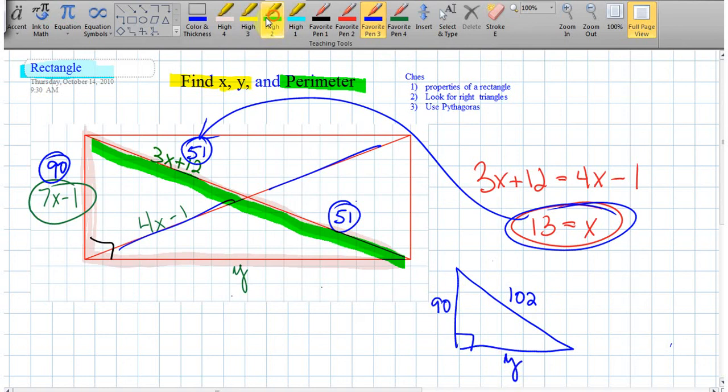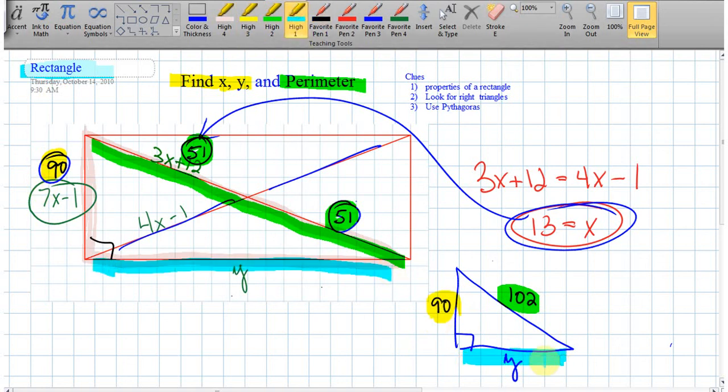Well, how did I get 102? I added up 51 and 51, that gives me my 102. And then this 90 is that 90 right there, and I put a y down at the bottom here because that's the length of that side, and that's y.